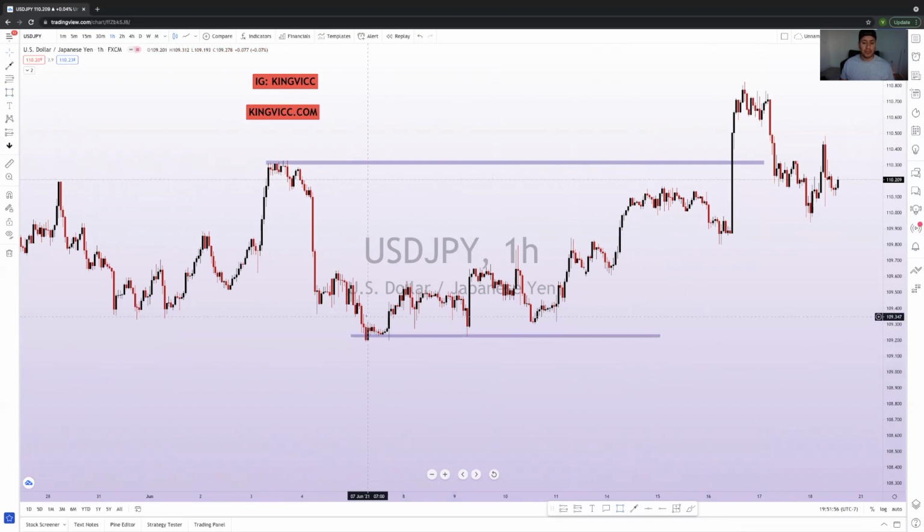Okay, so we need to find an area of resistance. Here's an area of resistance right here. You can clearly see it. So what do we need to do? We need price to break above resistance.